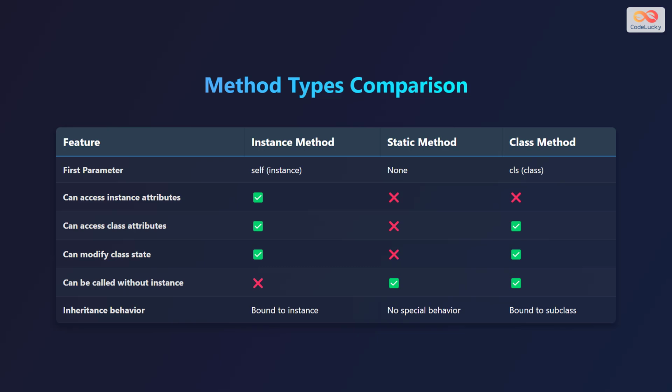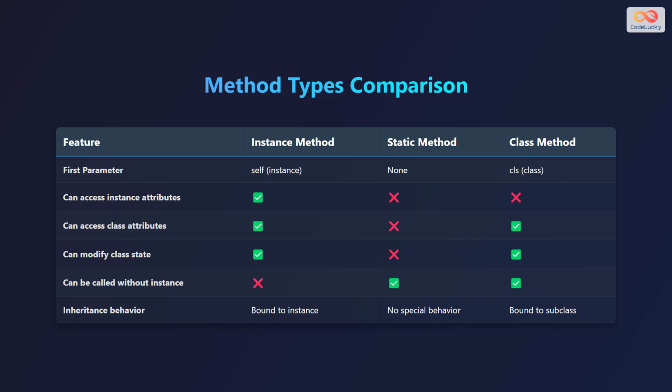Let's compare the different types of methods we have discussed. Instance methods receive self, the instance, as the first parameter, while static methods receive no special first parameter, and class methods receive cls, the class itself, as the first parameter. Instance methods can access instance attributes, while static methods and class methods cannot.